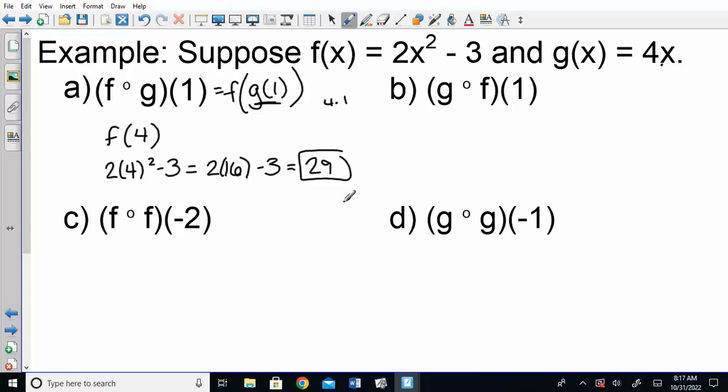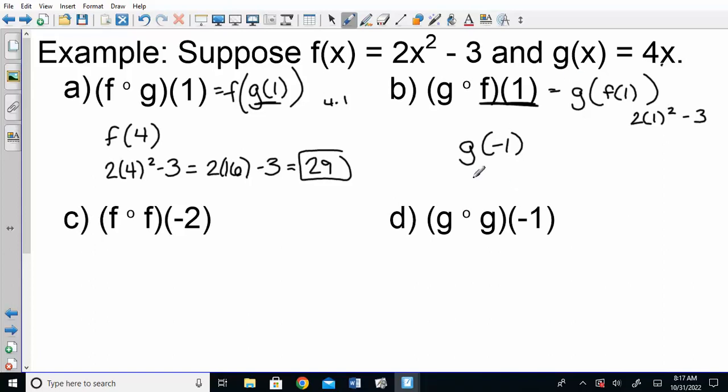How is b different? You're putting f in the g. Okay, I switched the order. This one means you have to start with f. So if I plug a 1 into f first, 2 times 1 squared minus 3, so 1 squared is 1, so 2 minus 3 is negative 1.